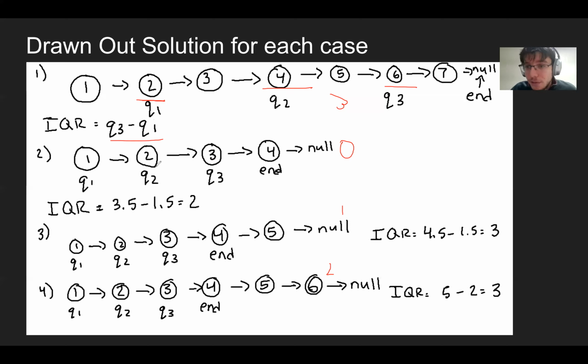So what we do here, if the length is even, is we take the sum of these two, because we want Q1 and the one that comes right after Q1, which in this case is Q2.